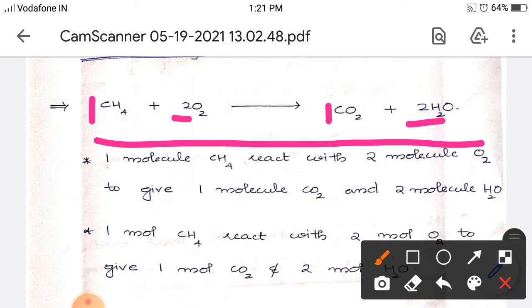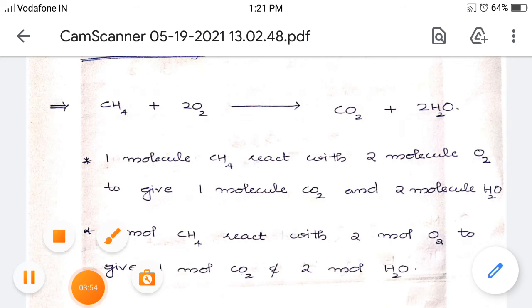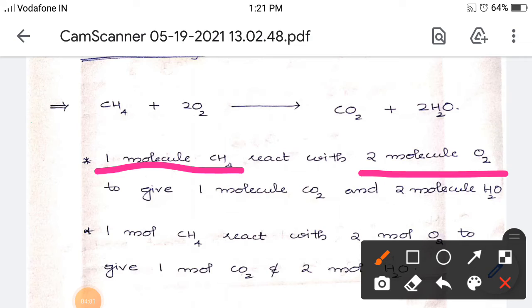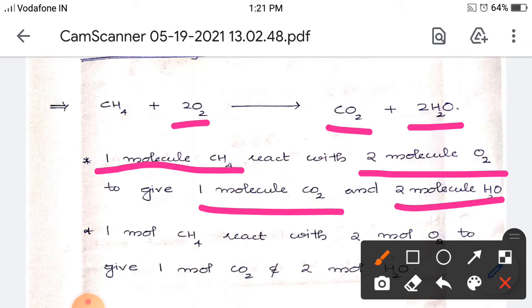So we can write like this. From this equation we can write one molecule of CH4 reacts with 2 molecules of O2 to give 1 molecule of carbon dioxide and 2 molecules of H2O.